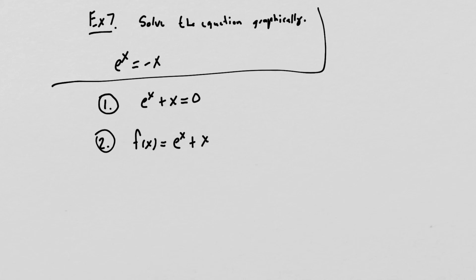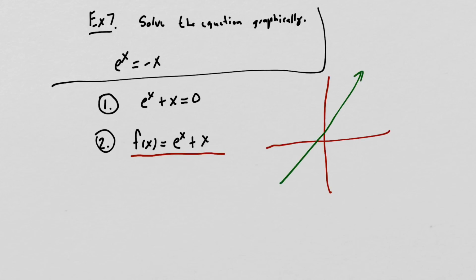If we graph this function, then we want to find the point on our graph where our y values are 0, and so we want to find the x-intercept. Let me sketch the graph. The graph of our function looks something like this.